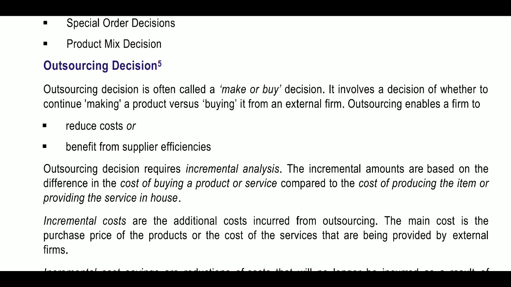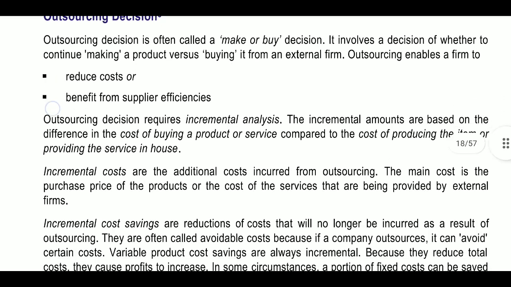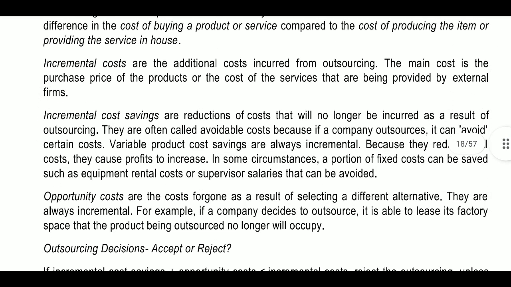Here, for the outsourcing decisions, there may be a single component or more than one product. If it is a single component, we will see the cost of making, that is variable cost of manufacture, a specific fixed cost and opportunity cost. If it is related to cost of buying, then we will see the purchase price and any other cost related to that.